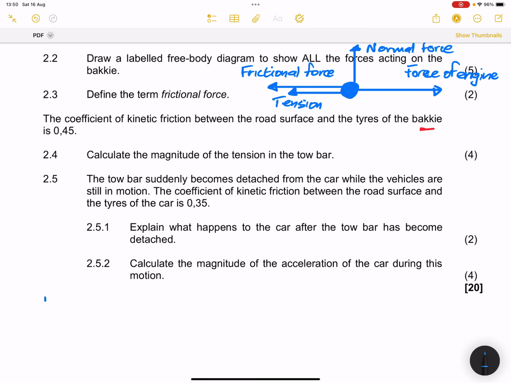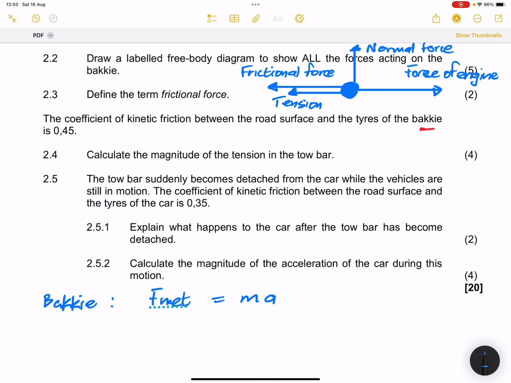So we're looking at the Bucky, right? And in this case, they gave us the coefficient of friction. So we know that F_net is going to be equal to ma. But remember, we said that the acceleration is 0, right?